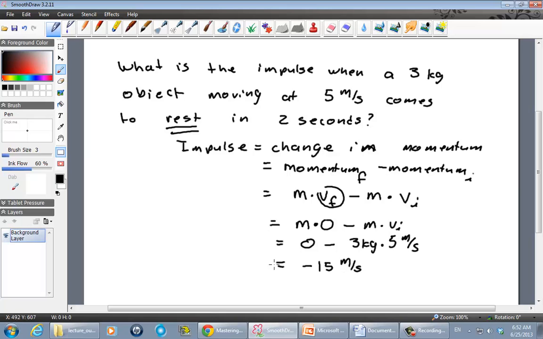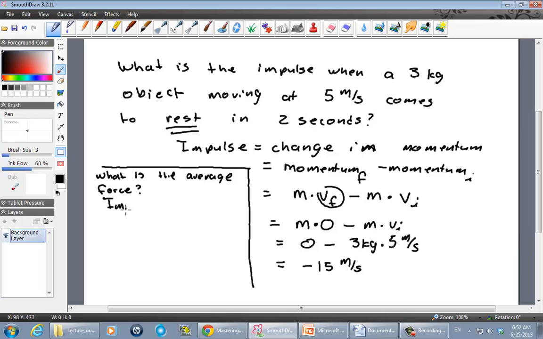Now let's say I asked a different question here. Let's say I have the same setup, but I want to know what the average force is. Well, then I have to do an additional step. I've already done all of this, and then I remember that impulse equals force times time.